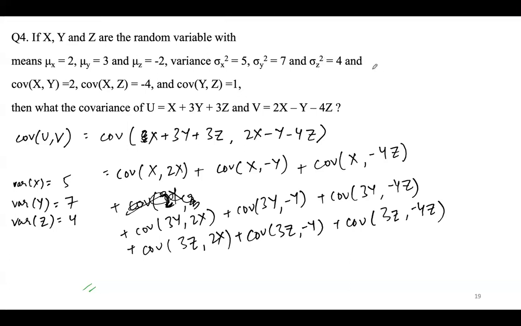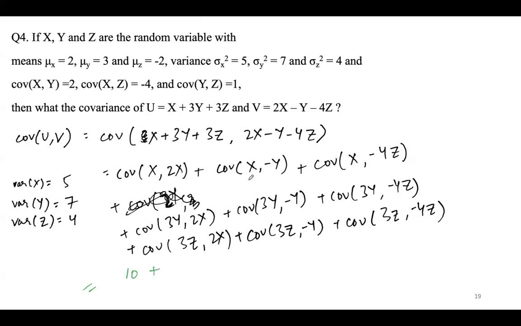Using variance of X, ma'am, because covariance of X and 2X. Yep. Yes. So the one thing we saw was when you have 2 expressions and if there's something multiplied here, that gets multiplied to the output. So covariance of X and X is like variance of X, that's 5, and you multiply that by 2. So you get 10, right?